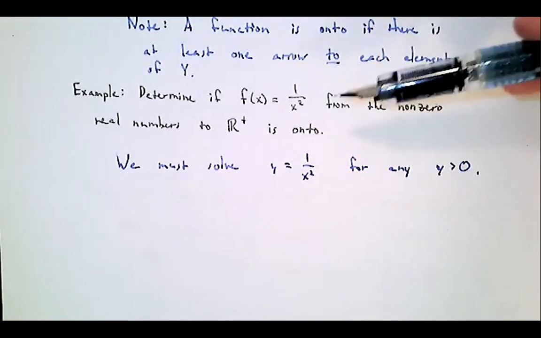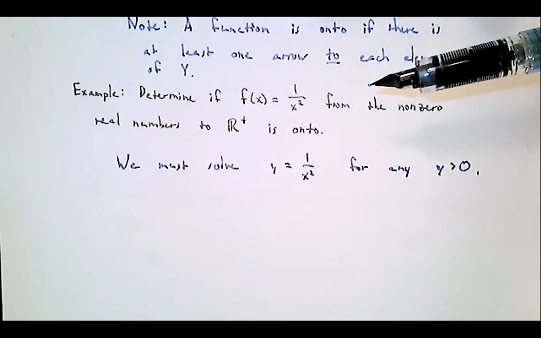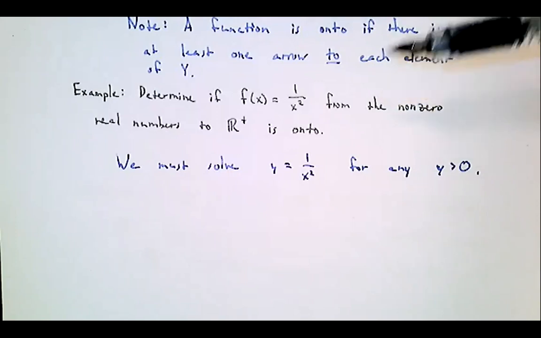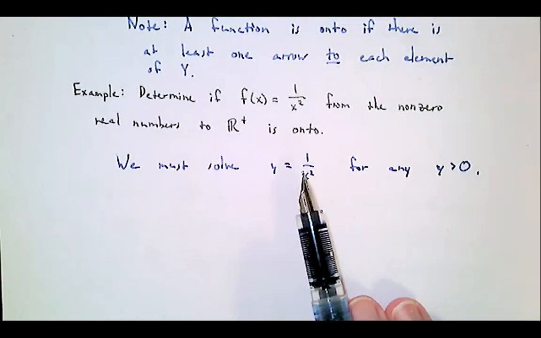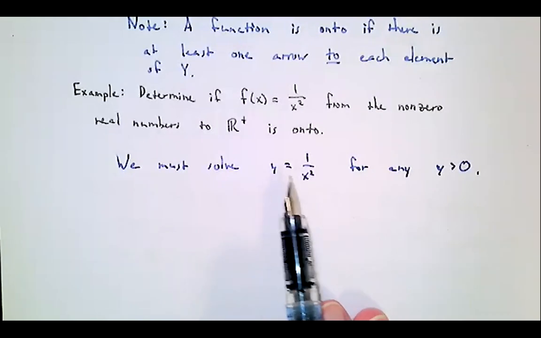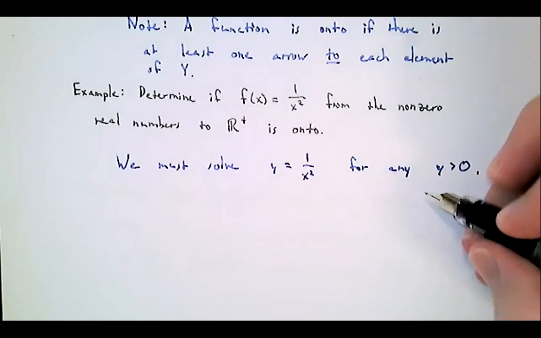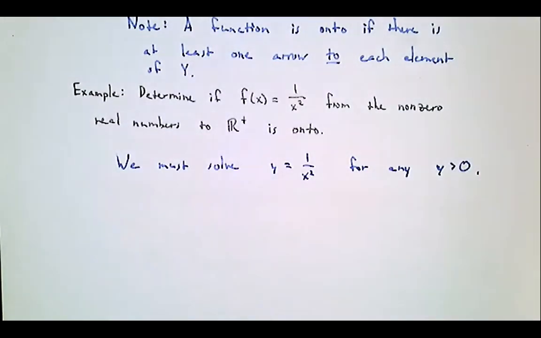So just like before, it became a little bit of an algebra problem. In this case, we have to say that there's an x that maps to y, so we have to solve for x.